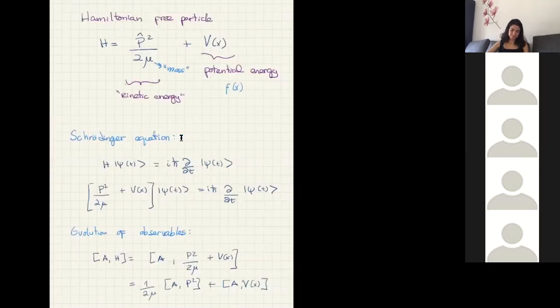So for example, what happens to the position? Okay, so we have x and the Hamiltonian. Well, this is 1 over 2 mu times x with p squared, plus x with V of x.